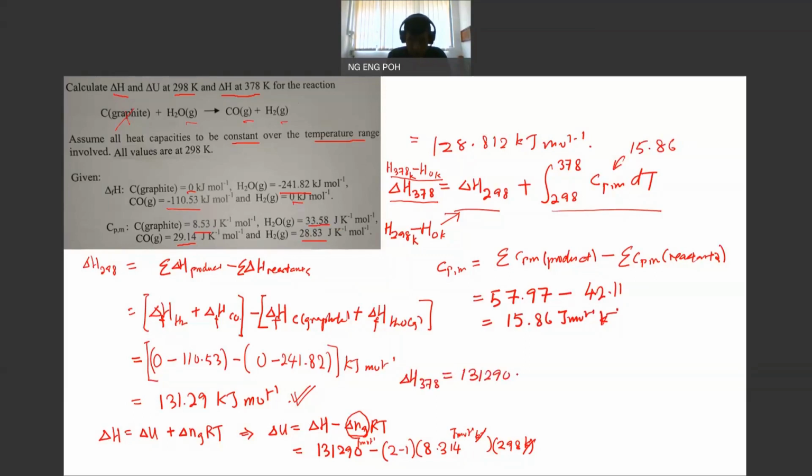So delta H 378 equals 131,290 plus 15.86 times 378 minus 298. If you integrate, you will get this form.